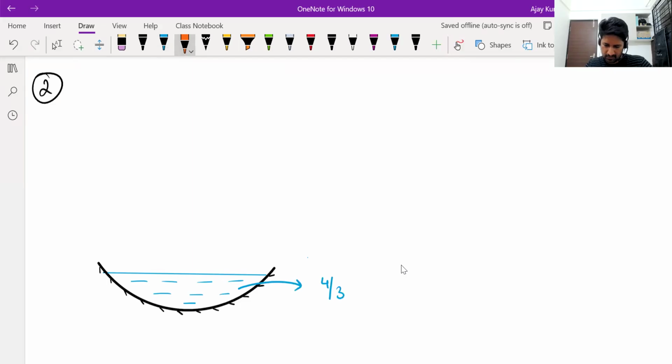Assume there's an object at a certain height, maybe 60 centimeters, from the water surface. Of course, from the mirror also it is 60 only. I'm asking you to ignore this thickness. Just for you to be able to visualize properly, I have shown the thickness, but let's assume this is very small.